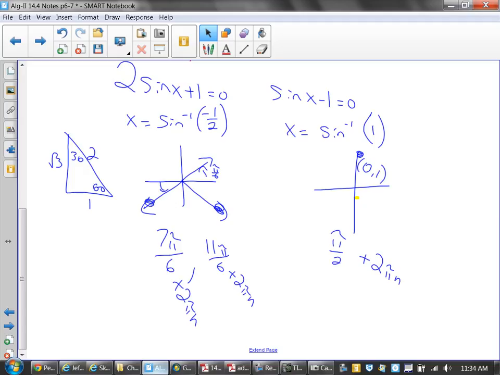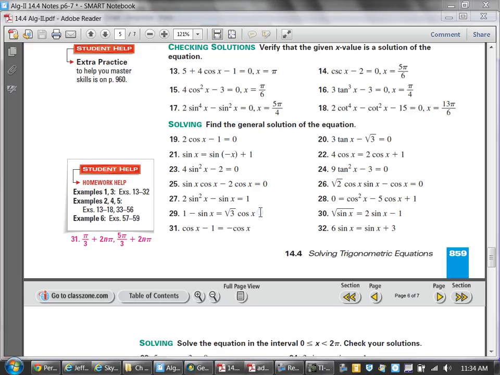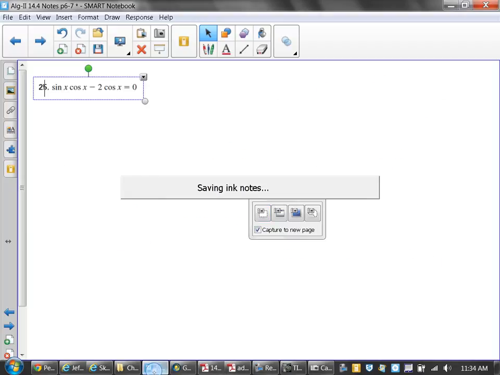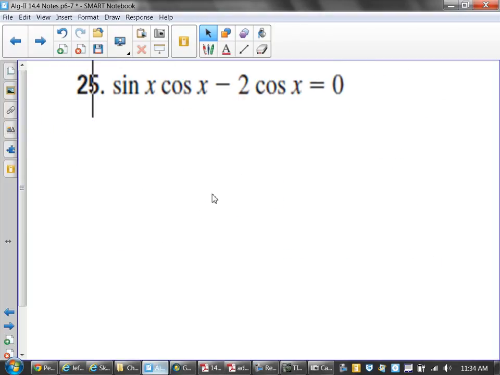What else do you want to look at in that group? 25. With these two terms, what do they have in common? They both have a cosine, right?